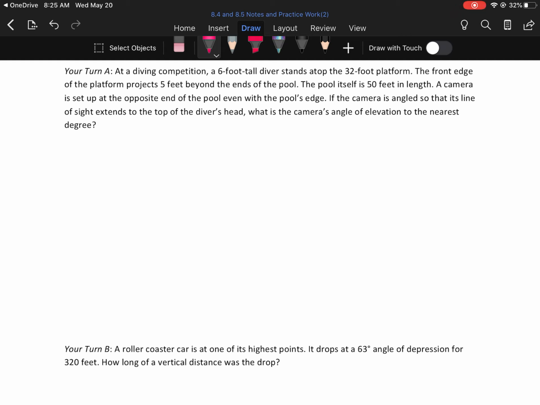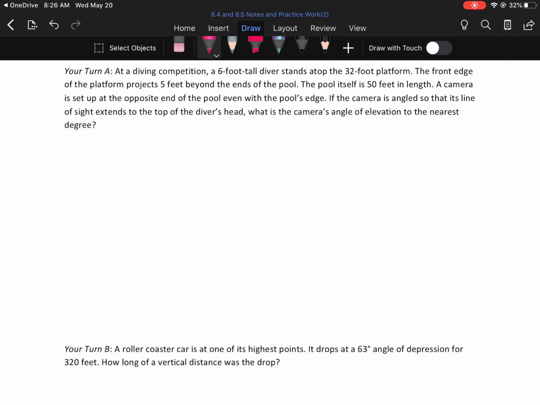The pool itself is 50 feet in length. A camera is set up at the opposite end of the pool, even with the pool's edge. If the camera is angled so that its line of sight extends to the top of the diver's head, what is the camera's angle of elevation to the nearest degree?